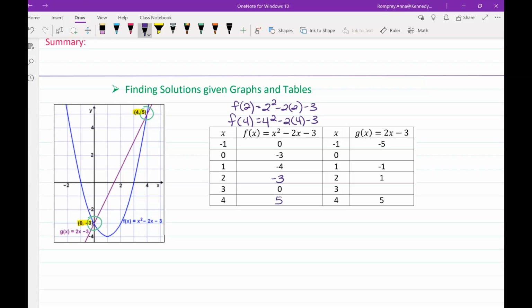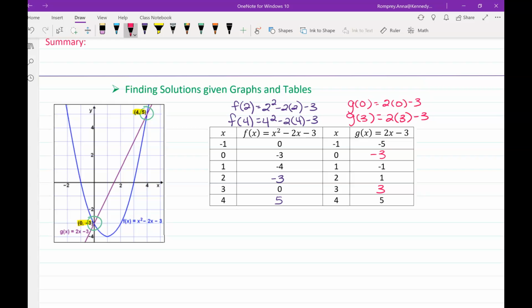All right, so now I want to complete my g of x. g of 0, oh that's nice. g of 0 equals 2 times 0 minus 3, so 0 minus 3, negative 3. And now g of 3. g of 3 equals 2 times 3 minus 3, so 6 minus 3 gives me 3.